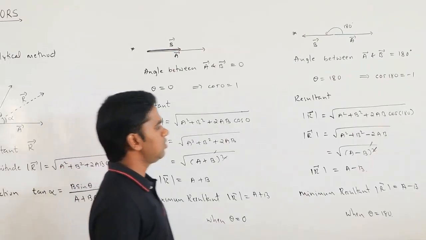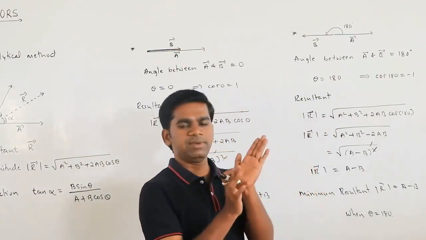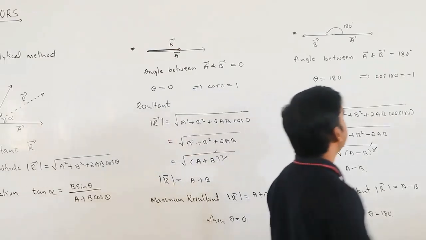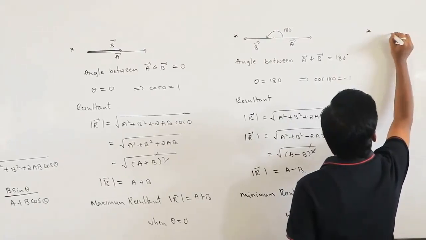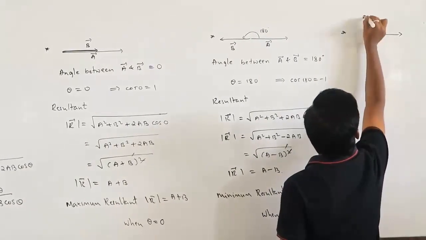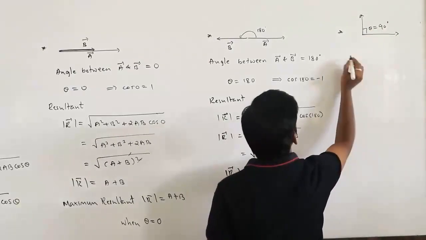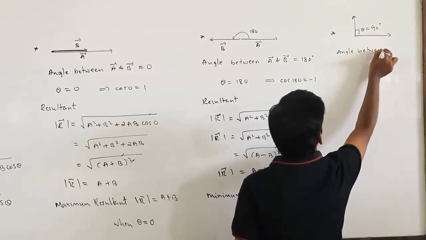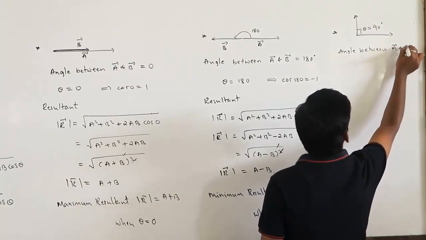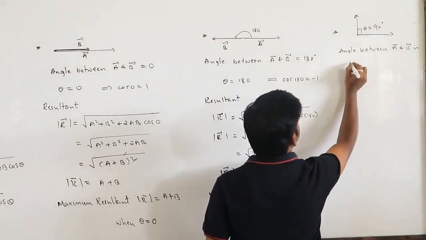Or we can go into one more case, when the vectors are perpendicular to each other. If one vector is in this direction and another vector is in this direction, then theta is 90 degrees. So the angle between A and B is 90 degrees.